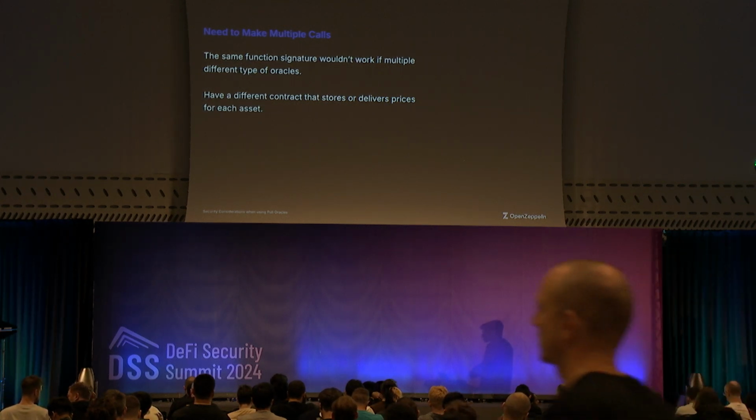So you'll actually have to abstract away the price extraction mechanism into a separate price oracle or asset oracle contract, and you'll have to have a contract for each asset you want to obtain the price for. So what will happen is you'll have to make multiple calls.